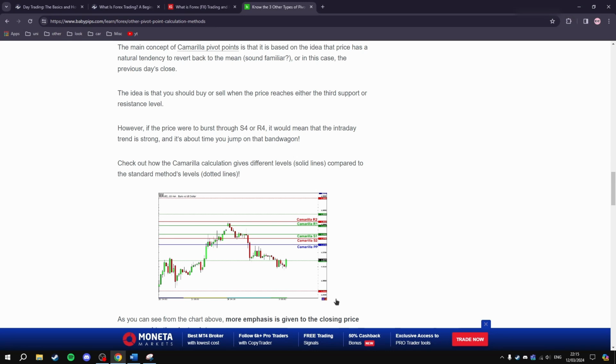In this case, the previous day's close. The idea is that you should buy or sell when the price reaches either the third support or resistance.